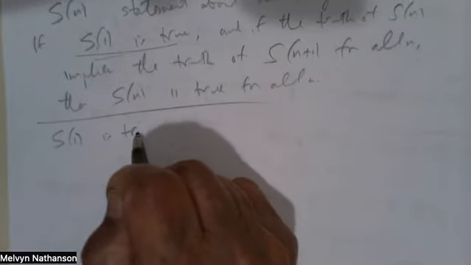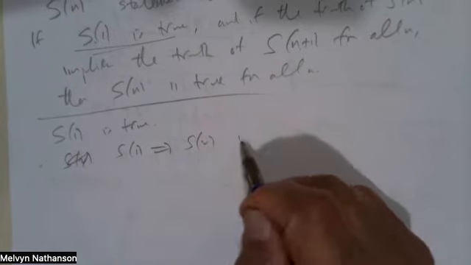So let's see, what does this mean? So first of all, S of 1 is true. That's given, right? Therefore, if S of 1 is true, then S of 2 is true. Because if something is true for n, it's true for n plus 1.